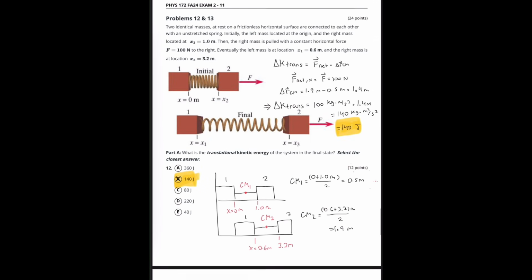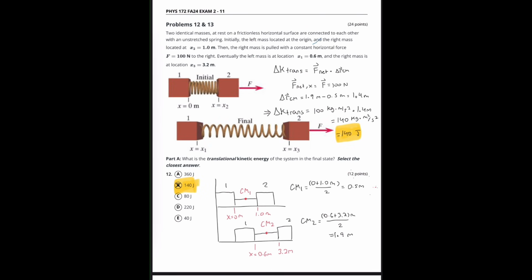So that will be 140 joules plus the change in internal energy is equal to the work by the surroundings, which is our applied force times the distance it is applied for. We see from our previous part that the force is applied from x2 to x3. So that distance will be equal to 3.2 minus 1.0.